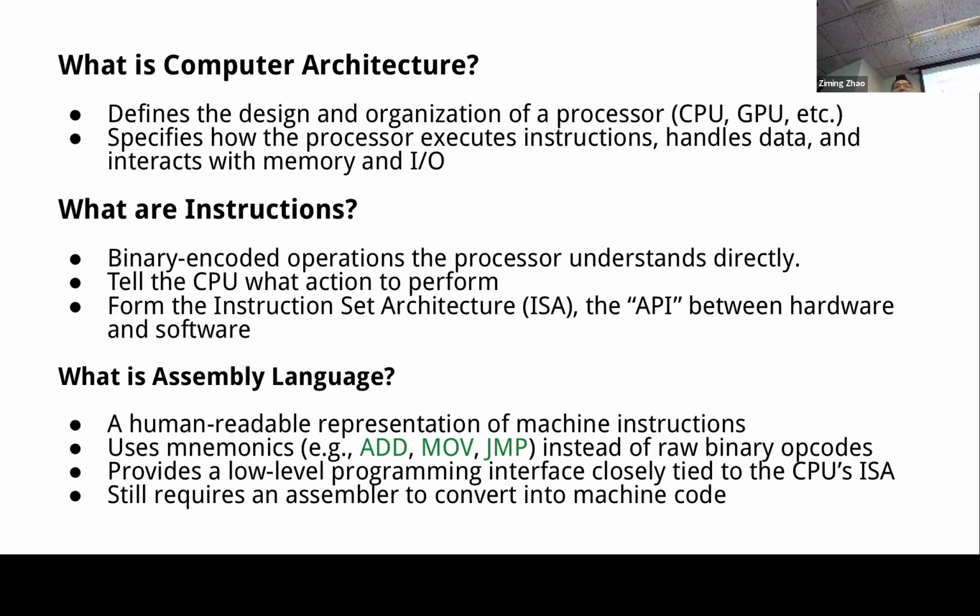It is not the binary encoding of those instructions. It is a human readable text version of those instructions, which you can easily read. Humans can read it, but the machine cannot understand that. For the machine to understand, we need an assembler to translate the human readable text into those instructions.